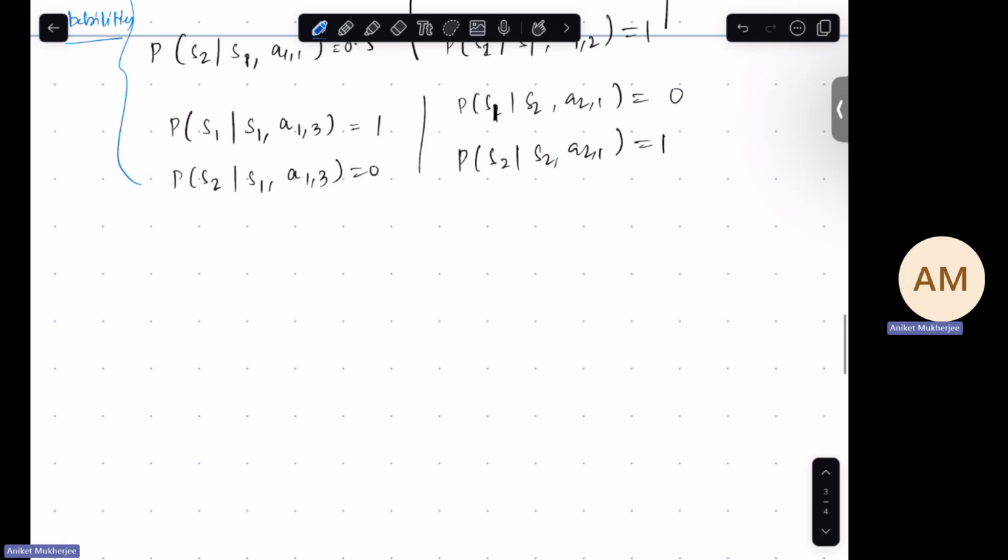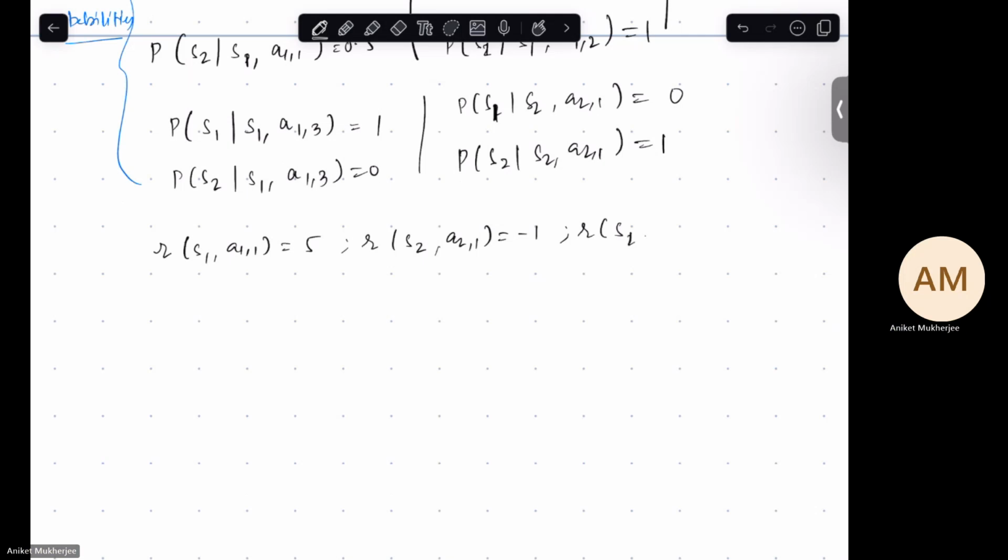Okay. And then your rewards remain the same, but you have to add a reward. So I'll write down the rewards once again. The rewards were: reward S1 A11 is 5. Reward S2 A21 equal to -1.